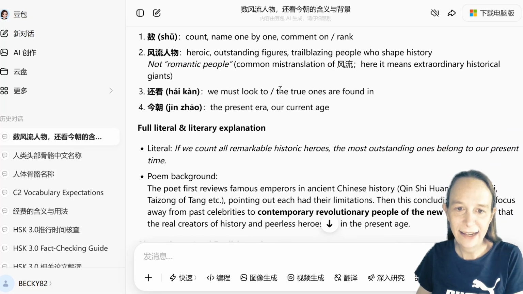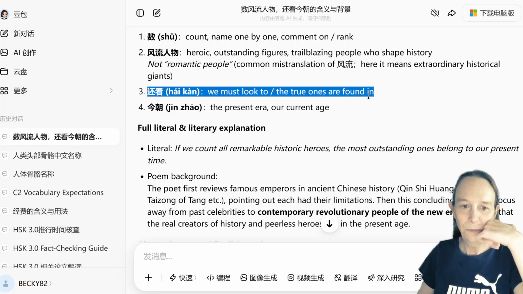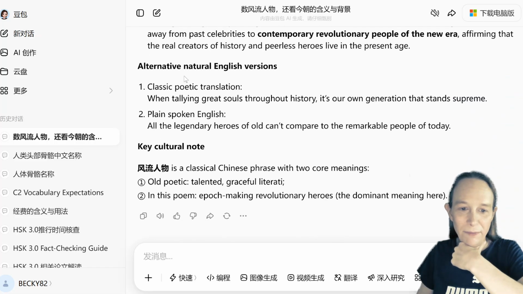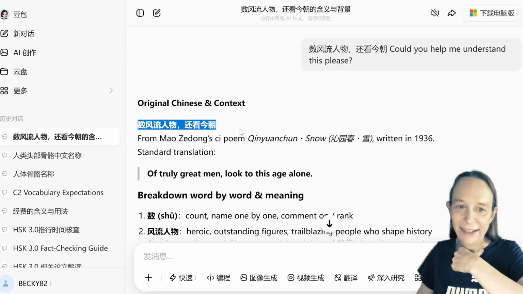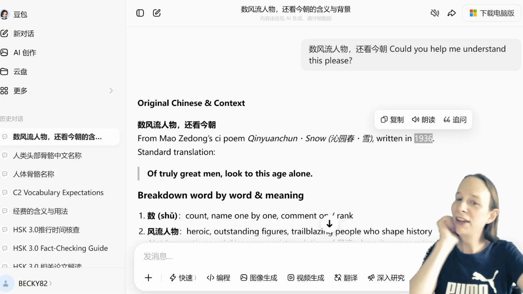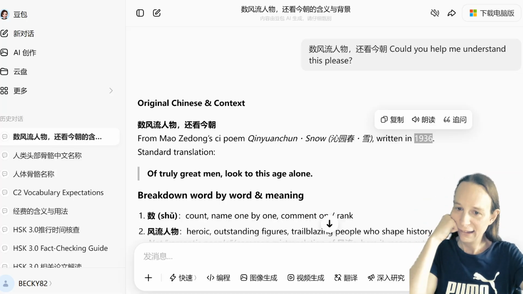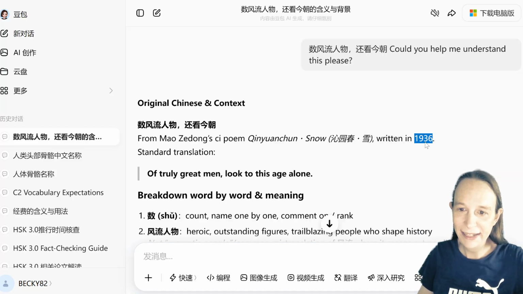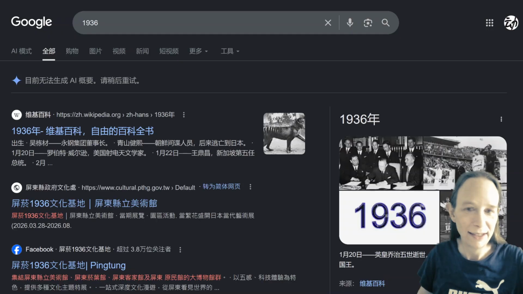Alright, 还看. We must look to. Yeah, maybe there's like background to this that I need to know. So 1936. What was happening in China in 1936? So presumably it's under Japanese occupation at the time.